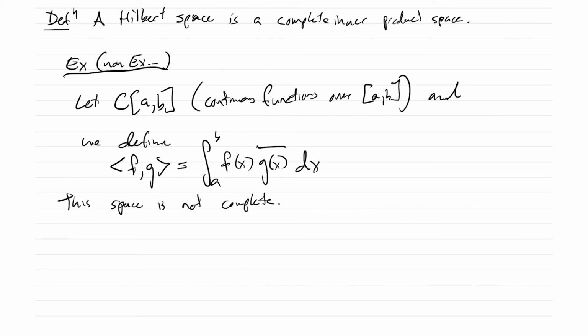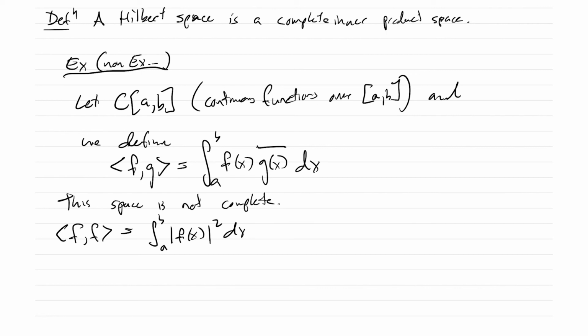So we have an inner product. Let's talk about a couple of things here. One thing we have is f inner product with itself, which is equal to the integral from a to b of the absolute value of f of x squared dx, because when you put f here with its conjugate, that's just the complex norm.